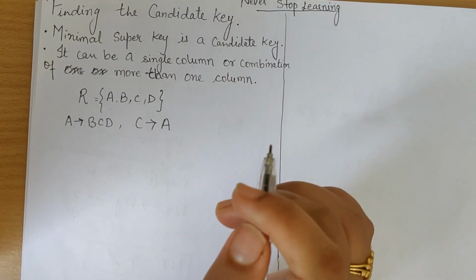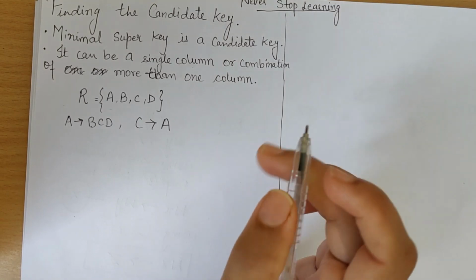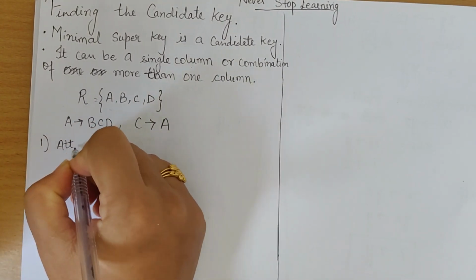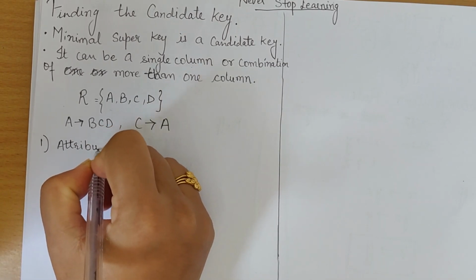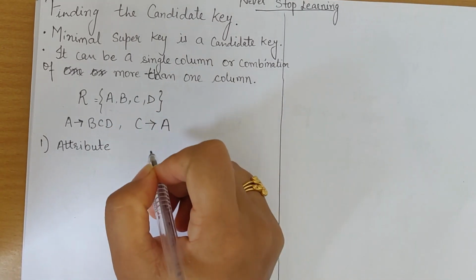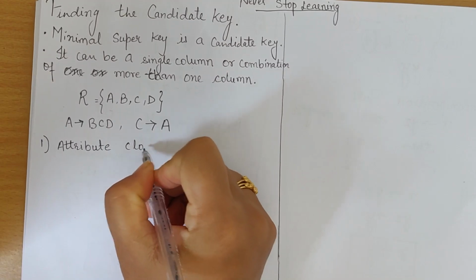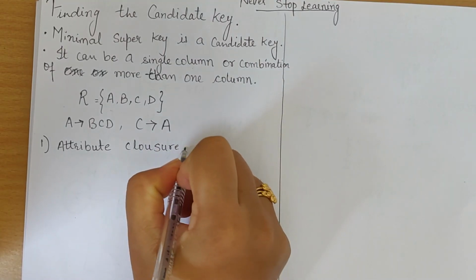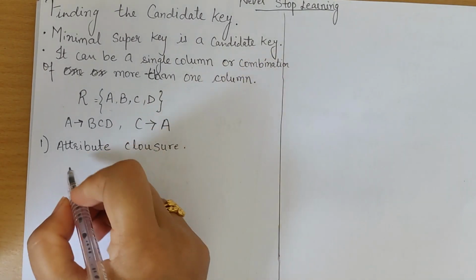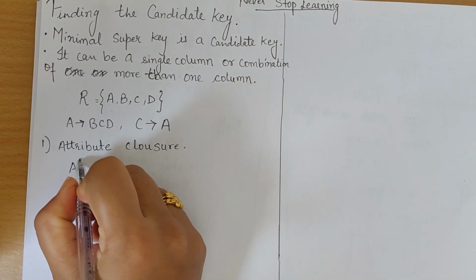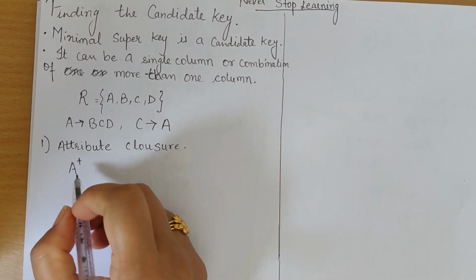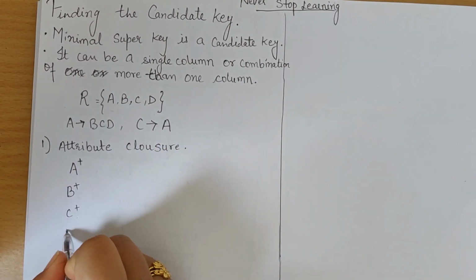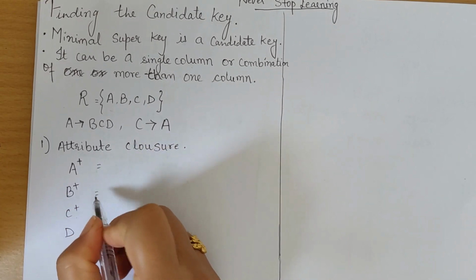Now, the first step to find the candidate key is to find the attribute closure. For each attribute which is present here, we have to find the closure of the attribute. How many elements are there? A, B, C, D. So I have to find the closure of A, closure of B, closure of C and closure of D. This is the conventional way.